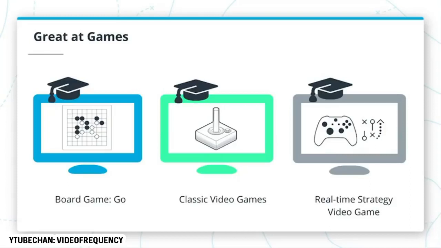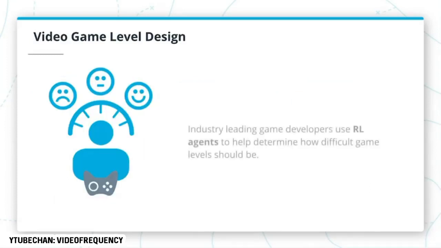But did you know that reinforcement learning is also used to create games? Video game level design determines how complex each stage of a game is and directly affects how boring, frustrating, or fun it is to play that game. If a game is too easy, it's boring. If it's too difficult, it's too frustrating.